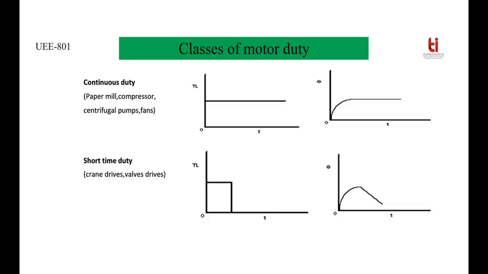In short term duty, for some duration of time load is given to the system and enough time is allowed to cool the system. In the corresponding theta versus t graph, you can see that initially during one period the temperature increases, then the temperature decreases. Here we can say that the cooling time constant is larger than the heating time constant.